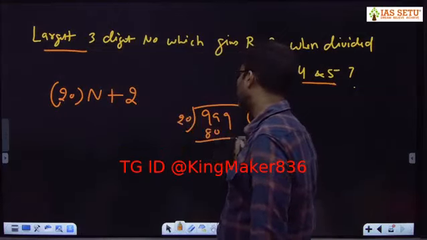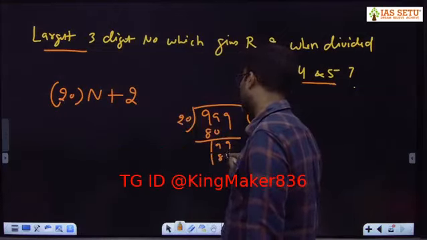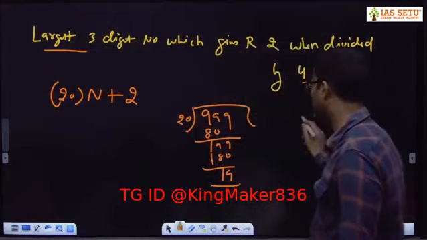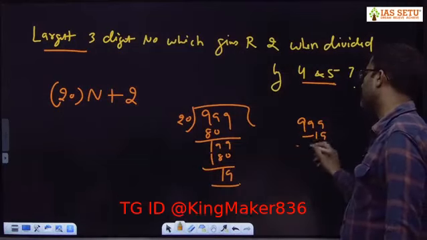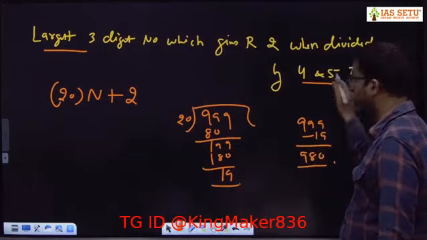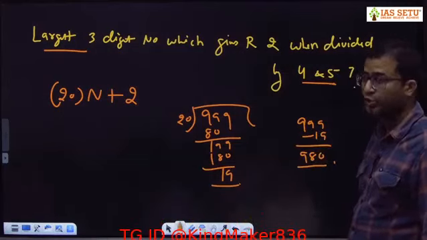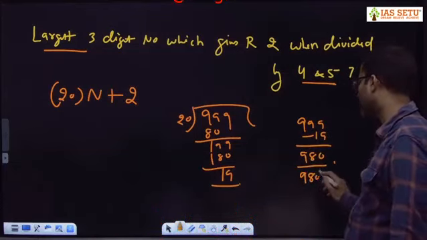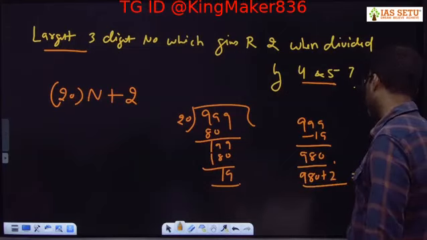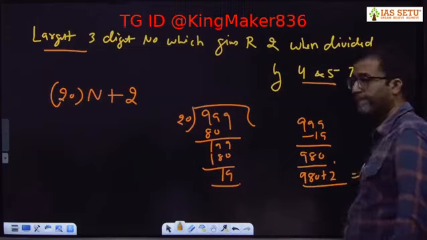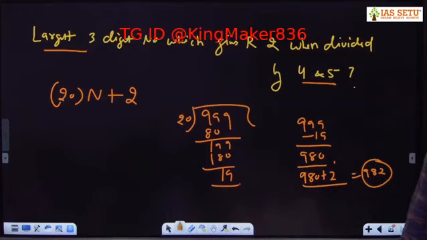So this is 80, 199, 180, 19, subtract. So it is 980 is exactly divisible. But you need 2 chocolate for yourself. So your answer is 980 plus 2, 982. Okay.